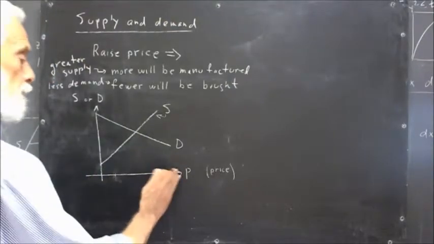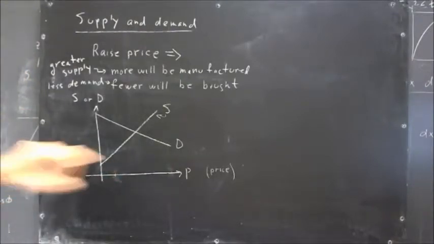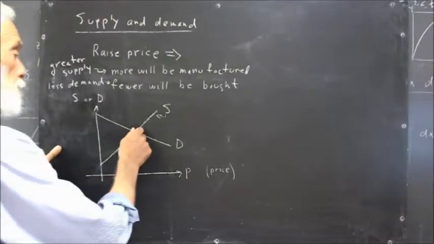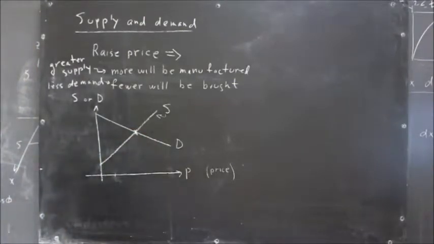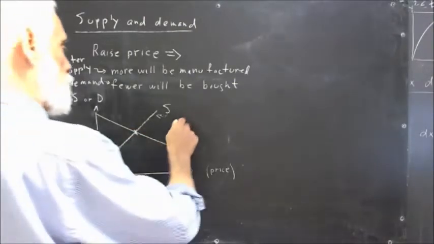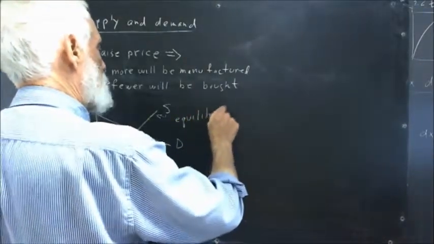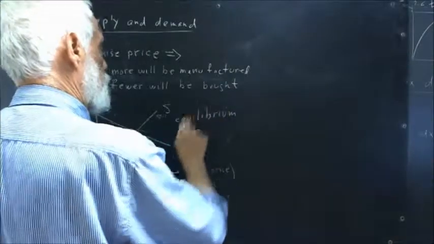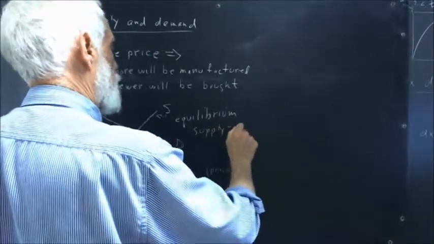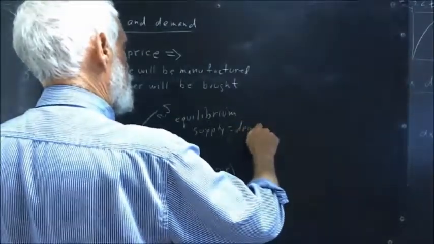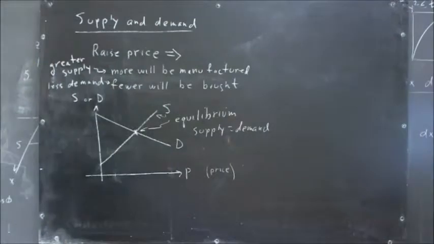We're just going to say, okay, we got a supply, we got a demand. Now, this point where the two linear functions meet here is called the equilibrium point. Okay, this is equilibrium, where the supply equals the demand.